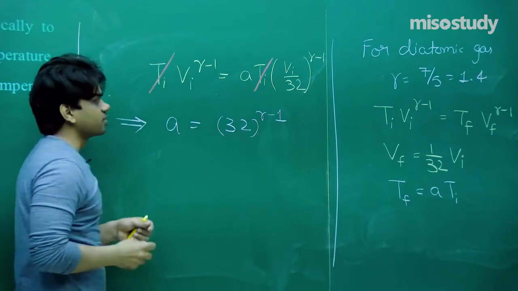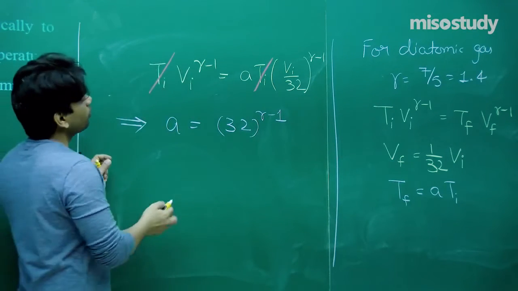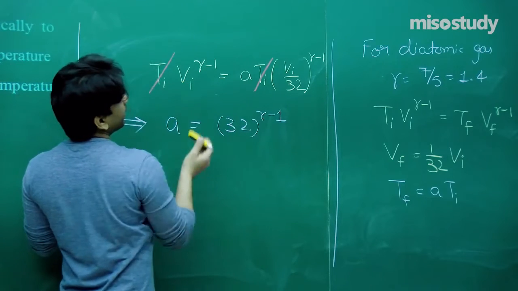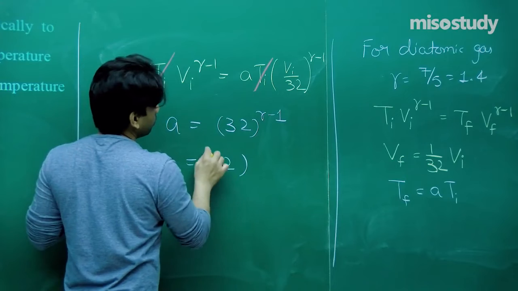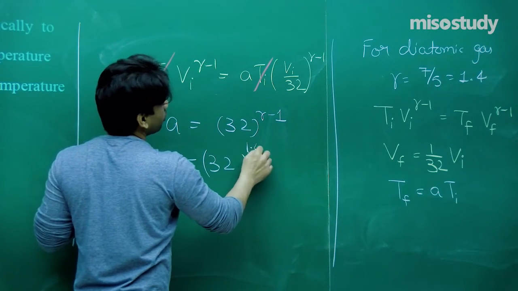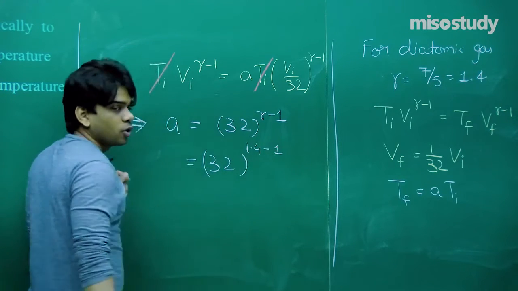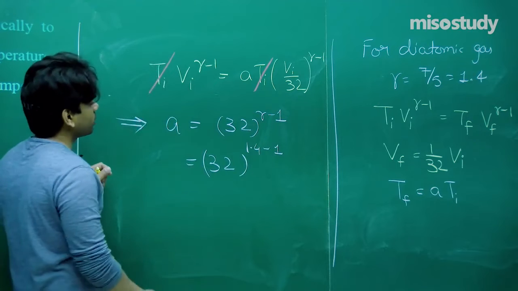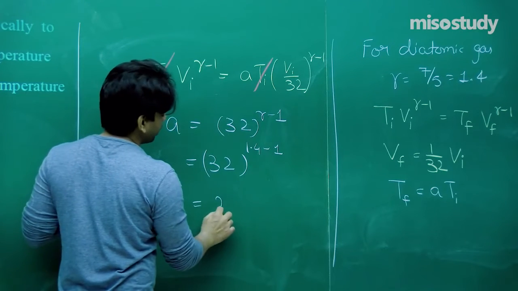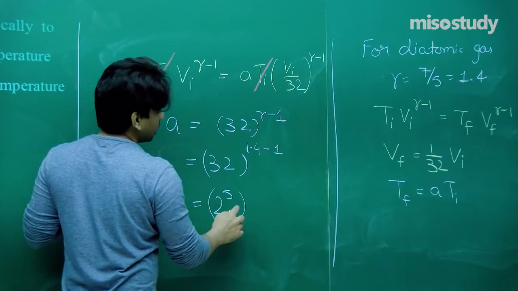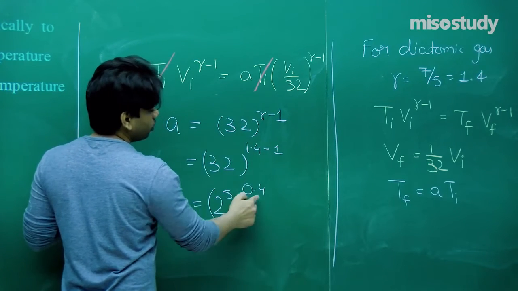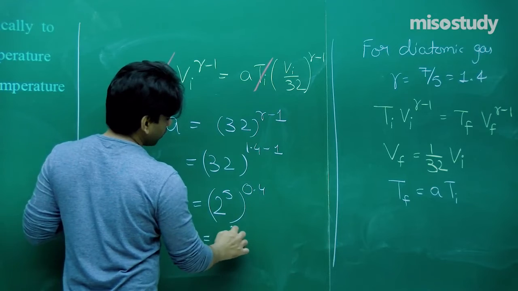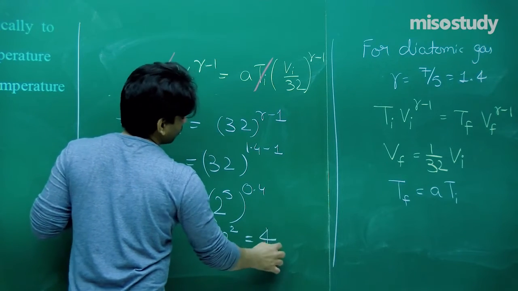Gamma minus 1 is 1.4 minus 1, because 7/5 is 1.4, which gives 0.4. And 32 can be written as 2 to the power 5. 5 into 0.4 you get 2, so 2 to the power 2 is 4.